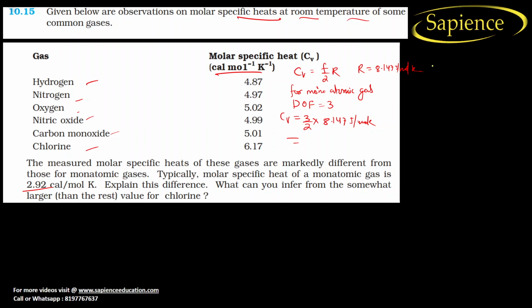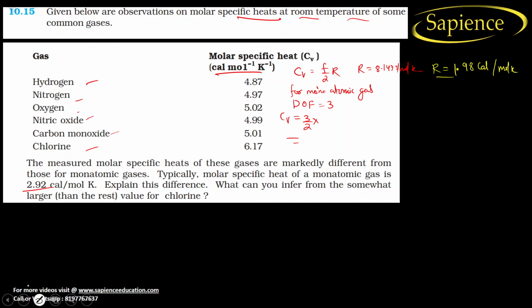So you can get the value of R as 1.98 calorie per mole Kelvin. Okay, so this is the value of R. Instead of putting it in joule per mole Kelvin, why don't we put it in calorie, so that we can easily compare?